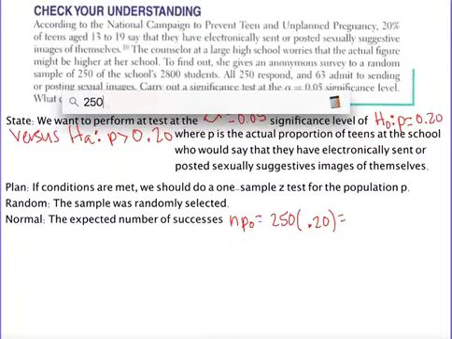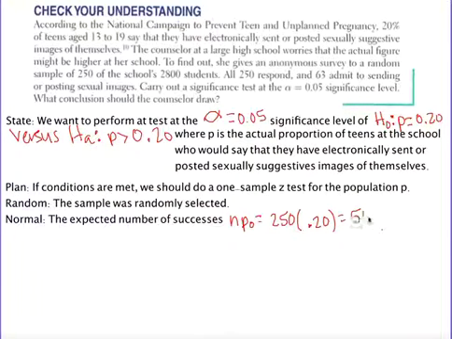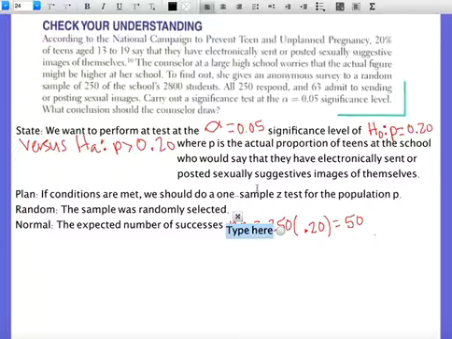So 250 times 0.20 would give us 50. That just tells us about the successes.